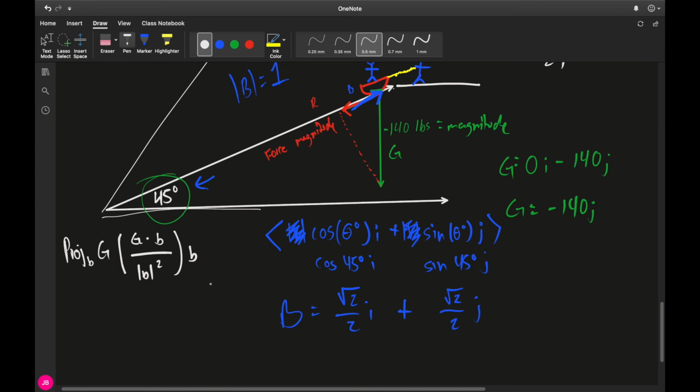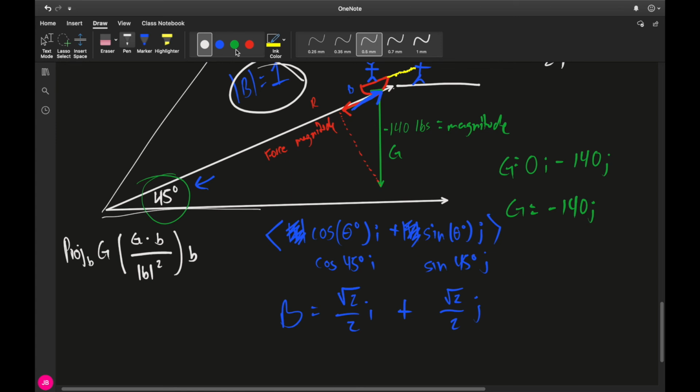Now, check out what's going to happen. First of all, the magnitude of b is 1. We made it so that it was 1. So 1 squared is just going to be 1. So really all we need to worry about is this part right here.